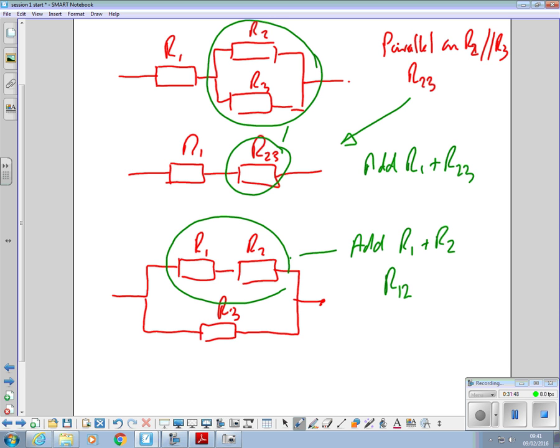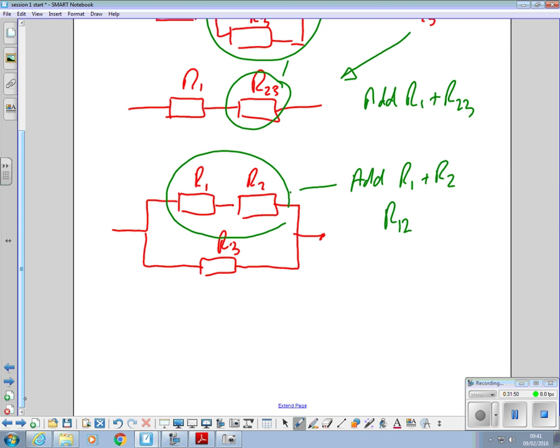And then what our circuit effectively is, is like this: R12 in parallel with R3. We can then use either the product over sum or the to the power minus 1 formula to calculate.